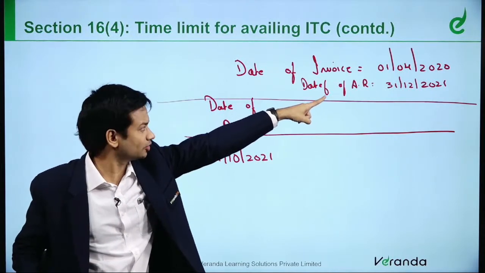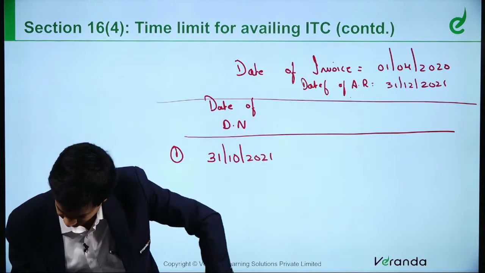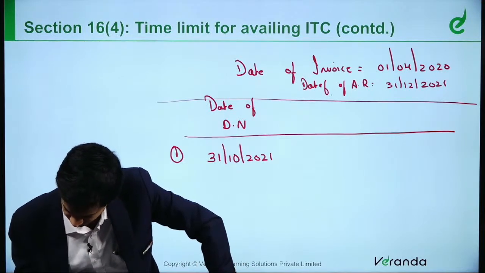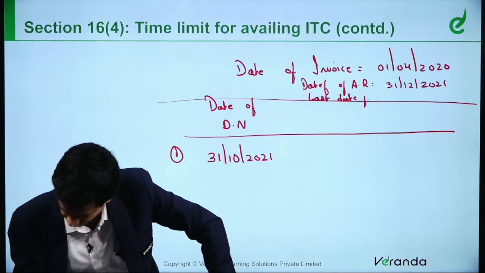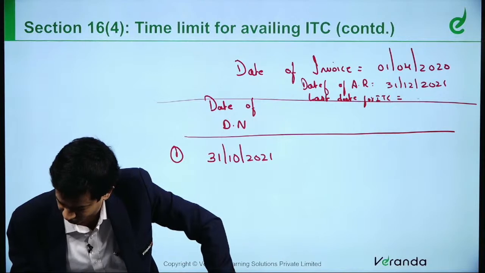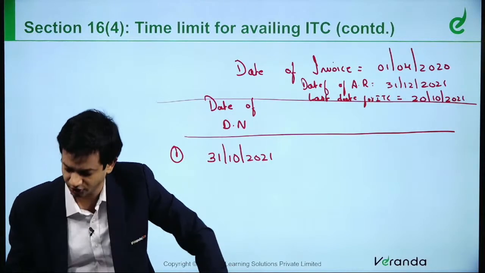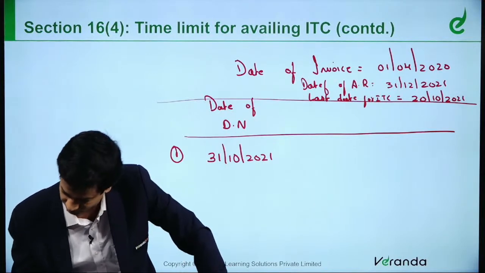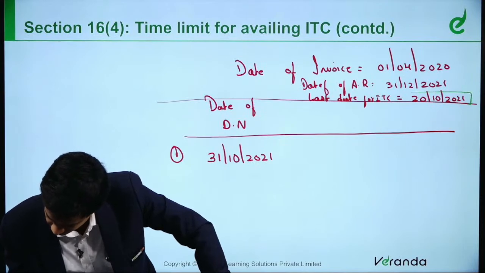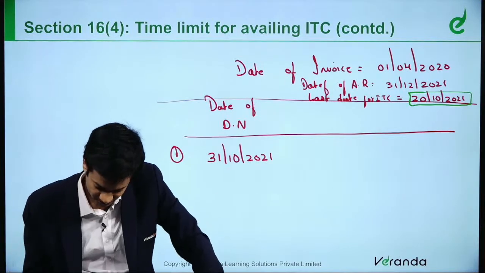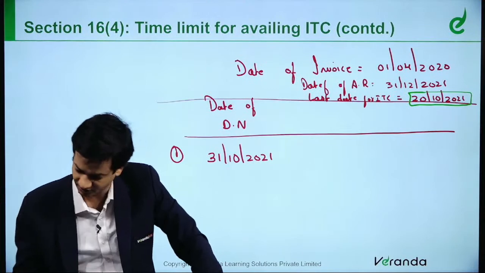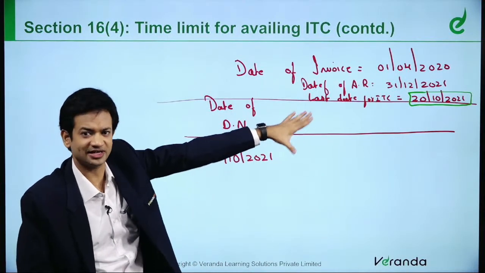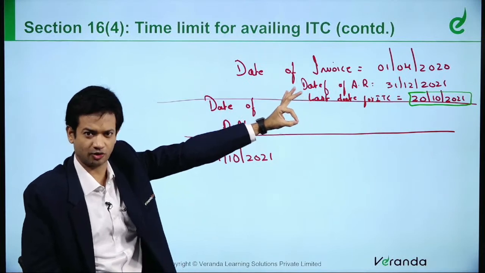It is the due date of filing the September return or 31st October, whichever is earlier. So the last date for ITC will be 20th October 2021, right? This will be the last date to claim input tax credit. Clear? 20th October 2021. Why? As I said in the previous slide, I also gave an example. How to arrive at it?